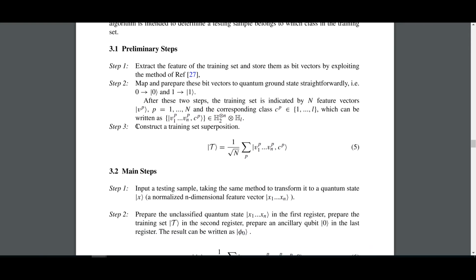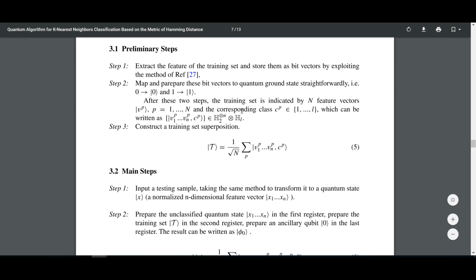So let's see where they are going with that. They construct a superposition of equal probability of the vectors. Okay, but those are the features. So they encode everything in one entire state, but that probably requires a lot of qubits.